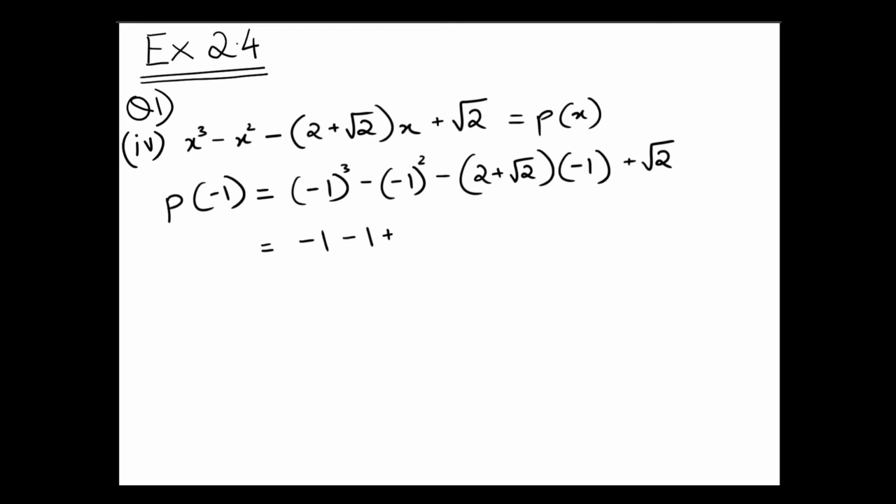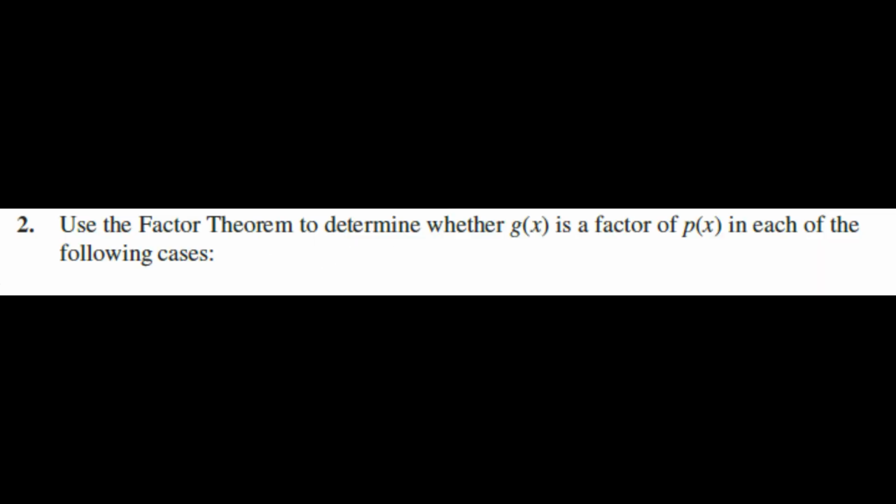The minus and minus will change the sign over here, so this will become 2 plus root 2 plus root 2 again. And ultimately, the two minus 1s get cut off with the plus 2, and this will give me 2 times root 2 as the remainder. Since this is not equal to 0, we can say that x plus 1 is not a factor of the given polynomial. And that completes question number 1 for us.